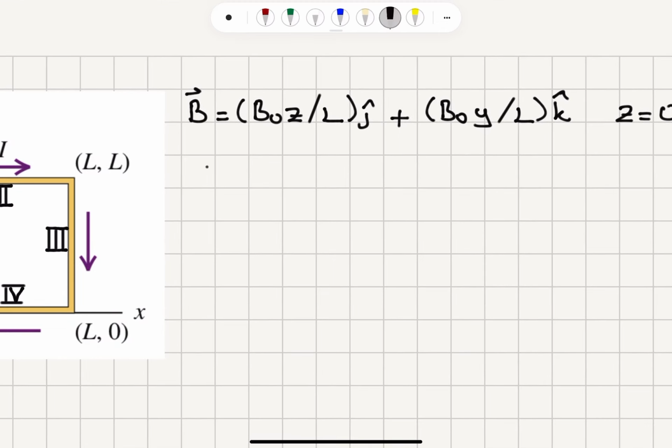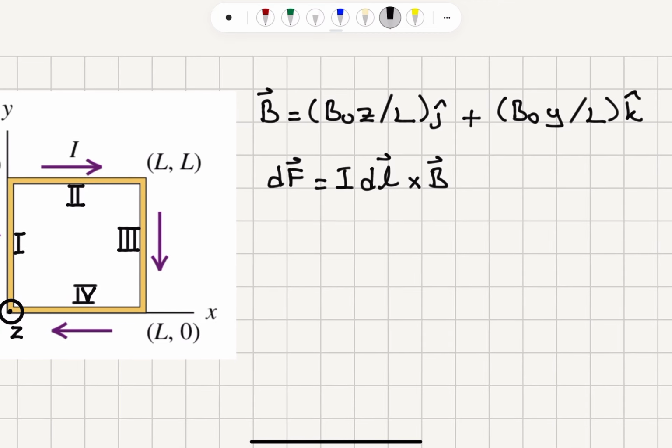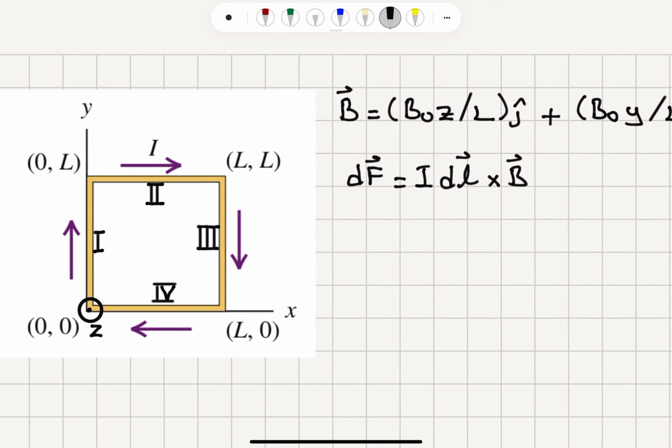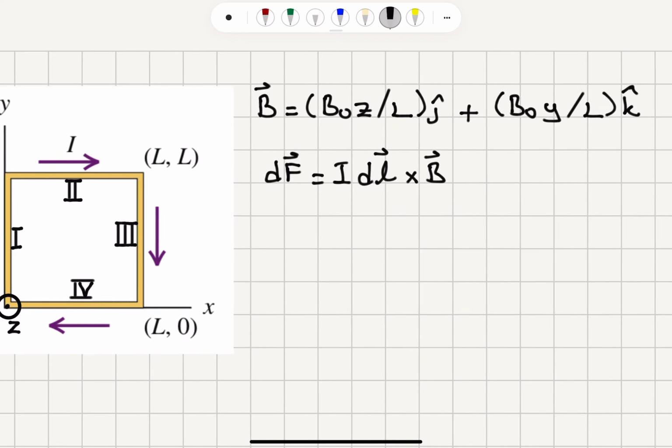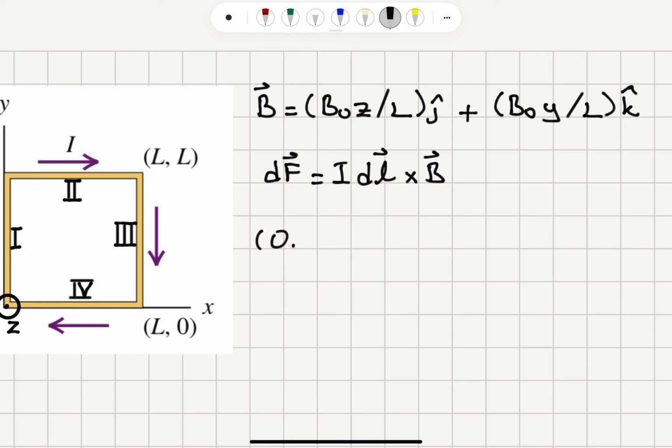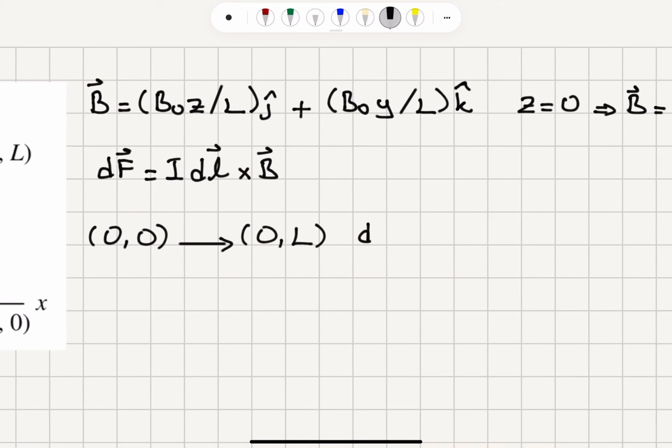The force dF on each length element will be given by I dl cross product with the magnetic field B. So if I look at the first segment, which is going from (0, 0) to (0, L), what is the dl vector?